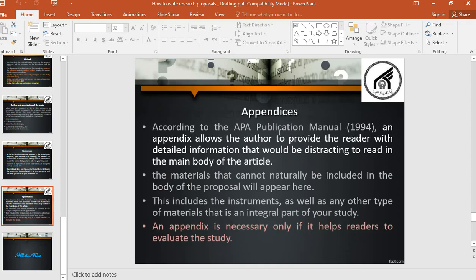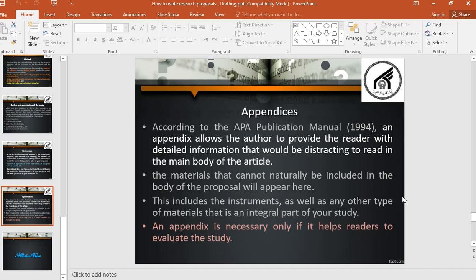And appendices, or appendix. The appendix is the last section of your proposal or thesis. It is where you put, for example, the test you have used, the data, and the extra data you have collected, which is not necessary to present inside the text.